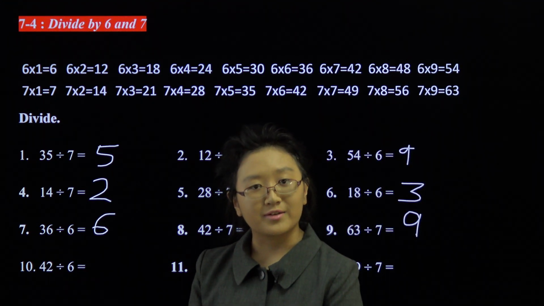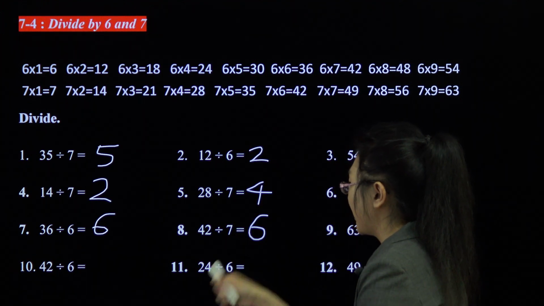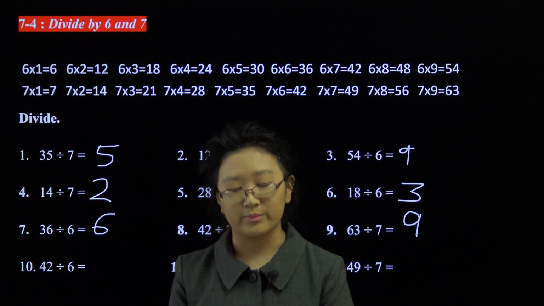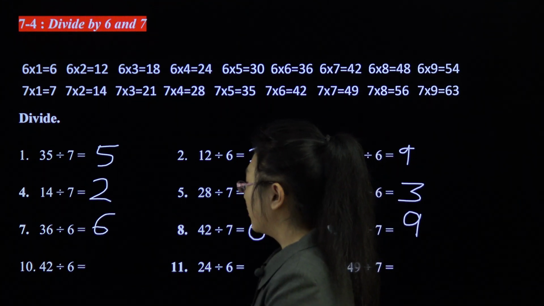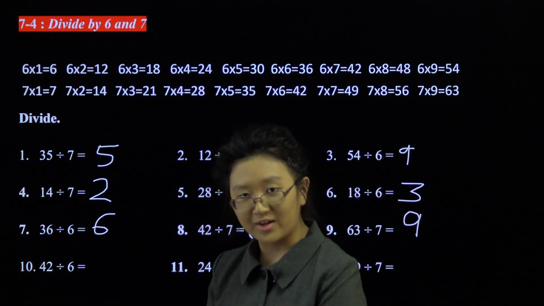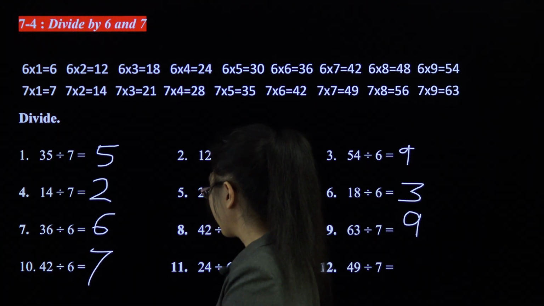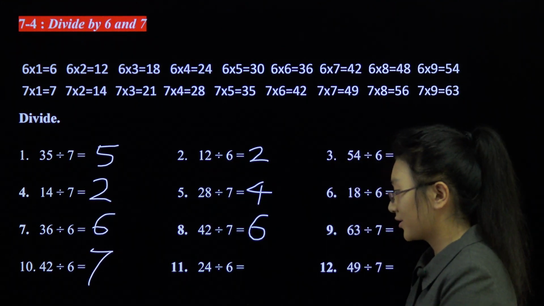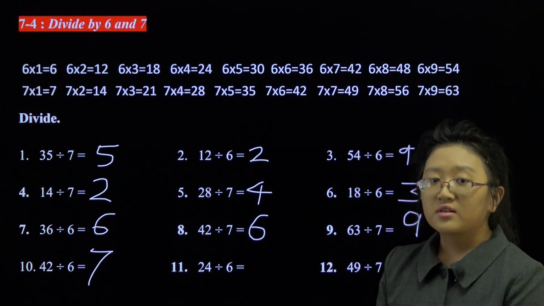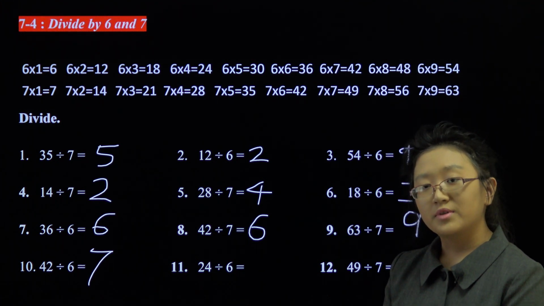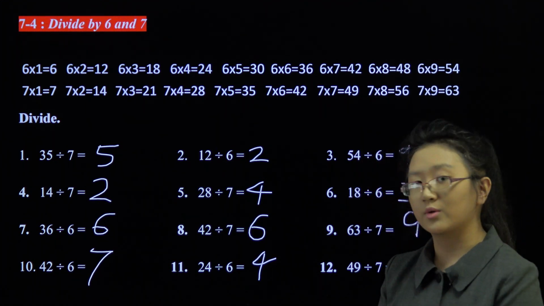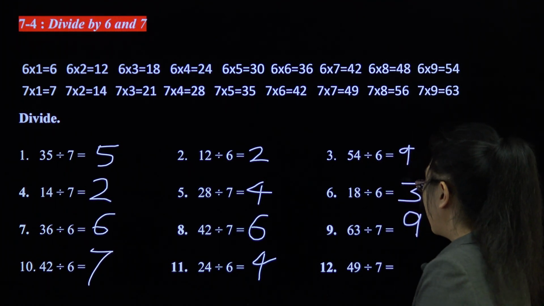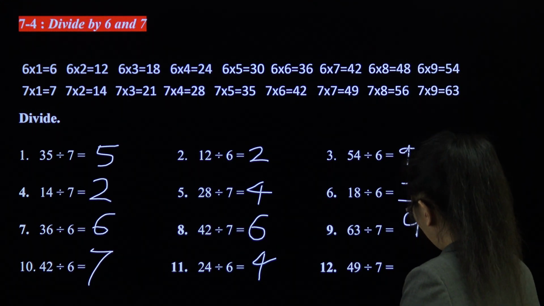42 divided by 6. Well, we got from over here that 7 times 6 equals 42. And the commutative property says that 6 times 7 is equal to 7 times 6, which means that 42 divided by 6 is equal to 7. 24 divided by 6. 6 times what equals 24? 6 times 4 equals 24. 24 divided by 6 equals 4. 49 divided by 7.